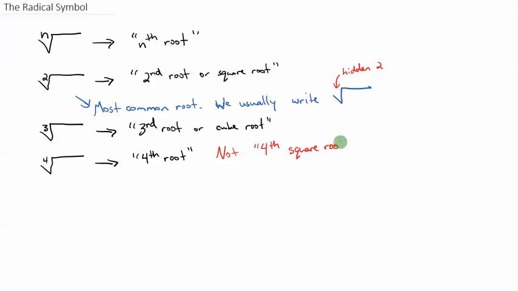That is not at all what it says. That's wrong. Fourth root. This radical symbol is what it's called, it just means root. Now, the radical symbol here is still root, but if you don't write a number there, it's a square root. If there's a different number, it's that type of root. So make sure you understand that.